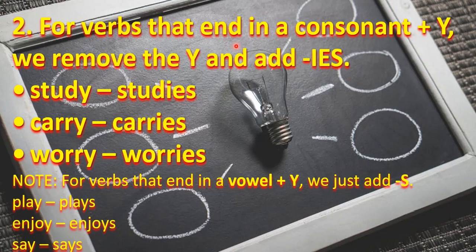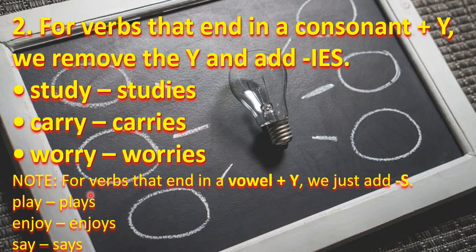The second thing to remember: for verbs that end in a consonant plus y, first we remove the y and add ies. For example, study: here we will remove y and add ies, studies.